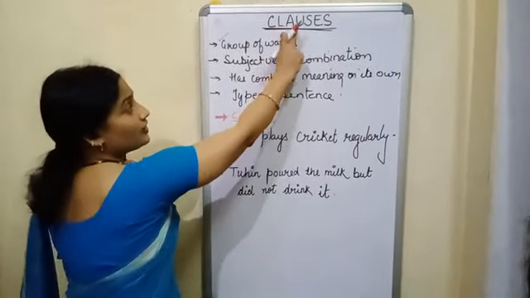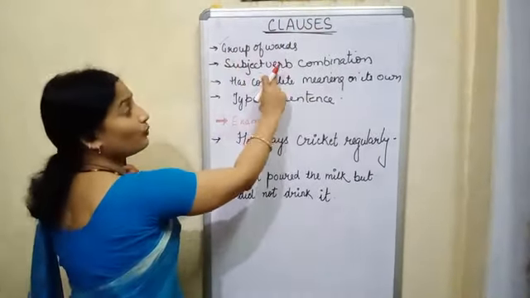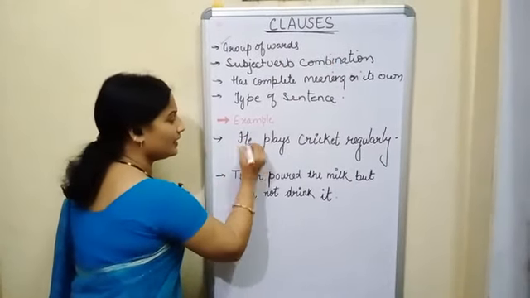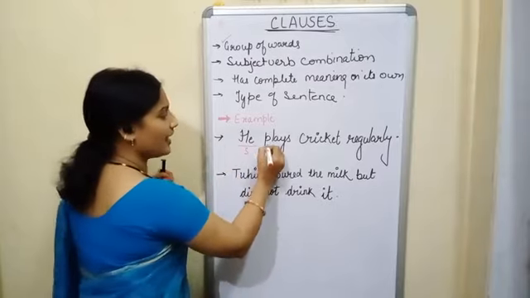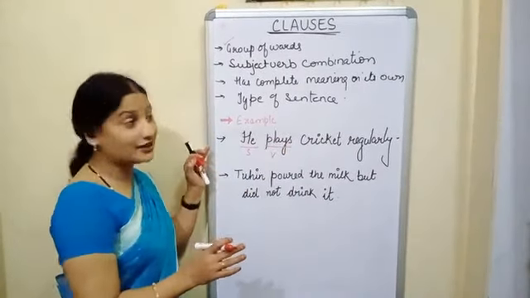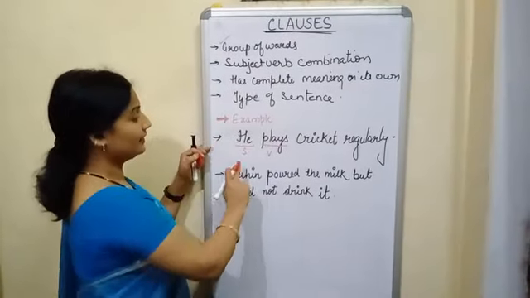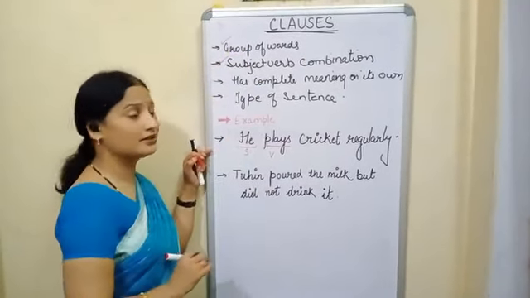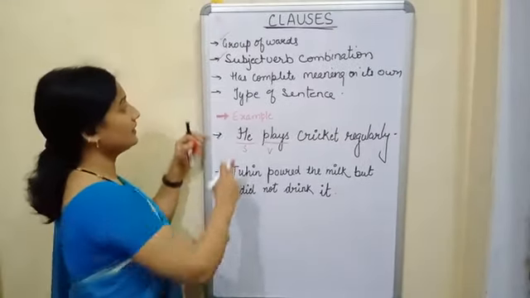Come to the second rule. A clause should have a subject-verb combination. Just check. He is the subject and plays is the verb. Again, the second rule is also fulfilled. That is, there is a subject-verb combination. Okay. Now see.